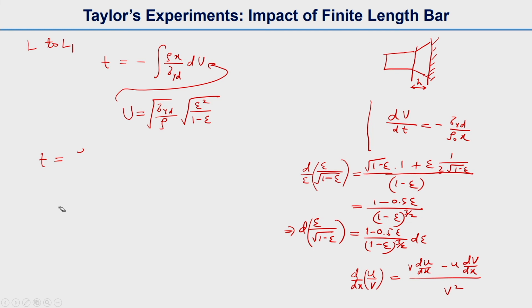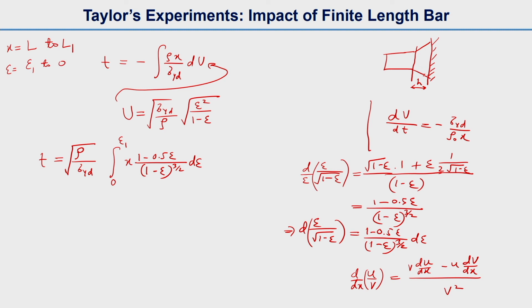So finally, if we want to get an expression of the t, which will look like rho by sigma yd, square root of the whole thing multiplied by the integration of x will be here, and 1 minus 0.5 epsilon, 1 minus epsilon to the power 3 by 2 d epsilon, and the entire thing we will take a limit from 0 to epsilon 1, because at x equal to L, the strain is epsilon 1, and at the final the strain will be equal to 0.